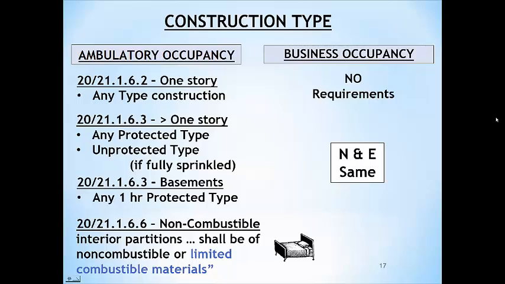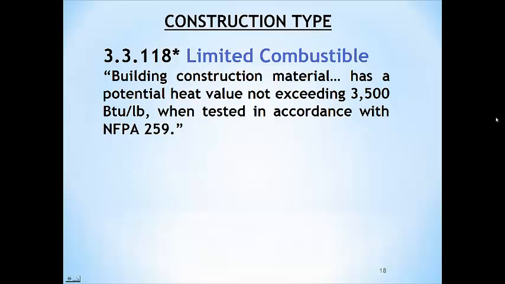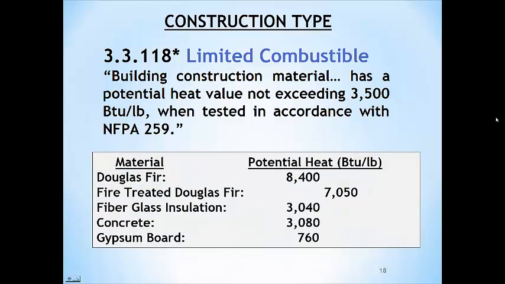This is the basis of many surveyors who shudder whenever they see wood in a building. And they also don't like it when people think that I can have fire-rated wood, because fire-rated wood, they think, is a limited combustible. Nope, the definition of limited combustible has to do with the potential heat value on it. Here's a chart of potential heat values.